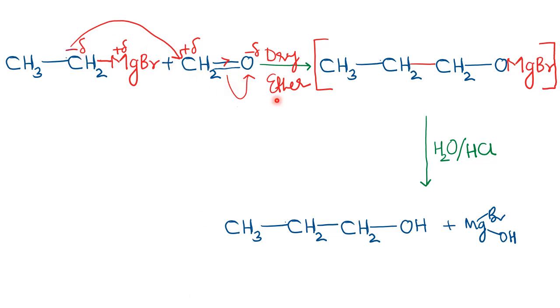That is one part. In Grignard reactions, we always use dry ether. The addition product is kept in the square bracket, and it can be decomposed with the help of water and HCl, and then OMgBr always becomes OH. So this is how you can prepare higher alcohols by using Grignard reagent and a suitable aldehyde or ketone.